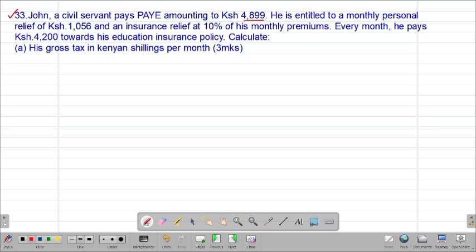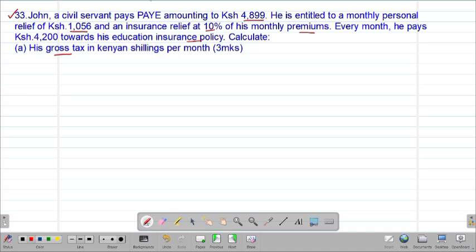He is entitled to a monthly personal relief of 1,056 Kenya shillings and an insurance relief at 10% of his monthly premiums. Every month, he pays 4,200 Kenya shillings towards his education insurance policy. Calculate part A of the question, his gross tax in Kenya shillings per month.